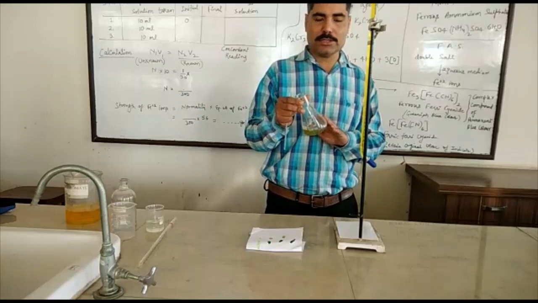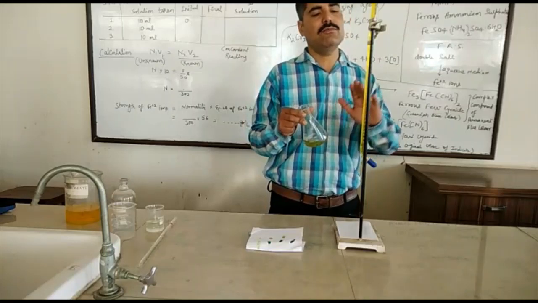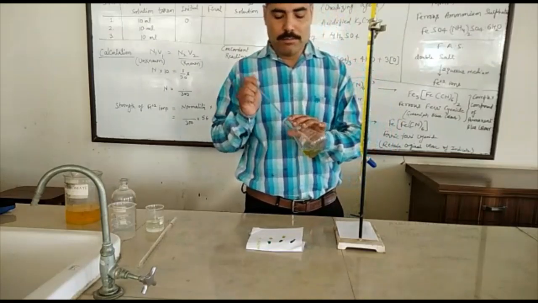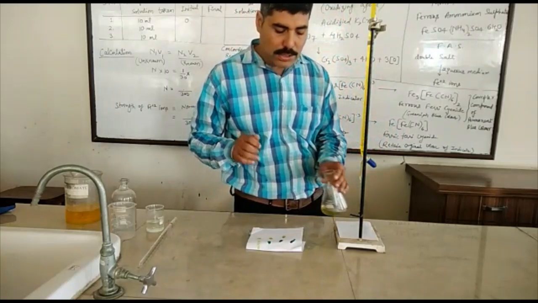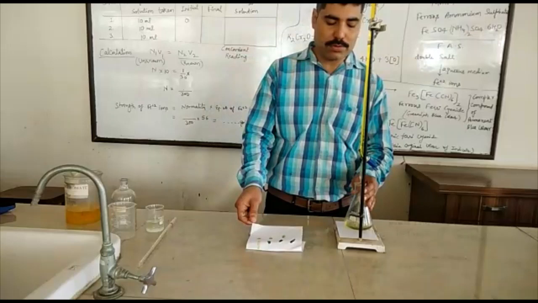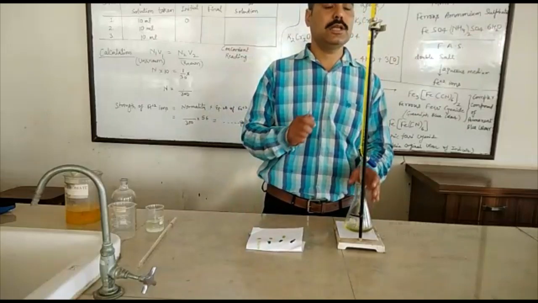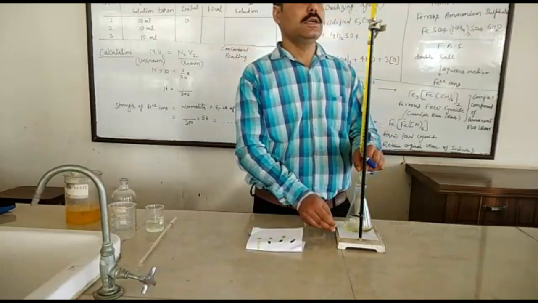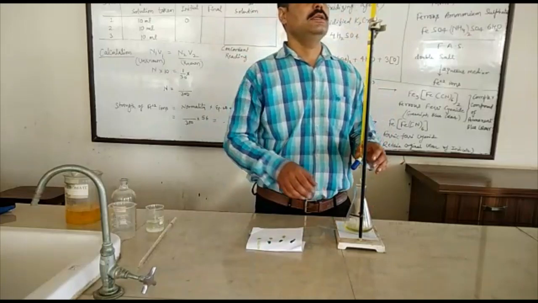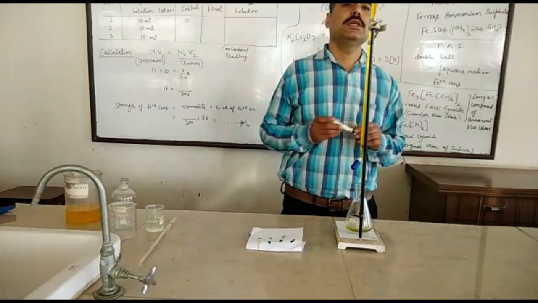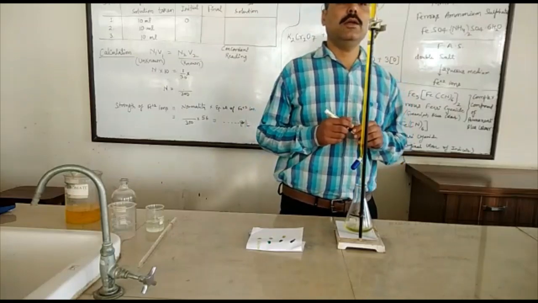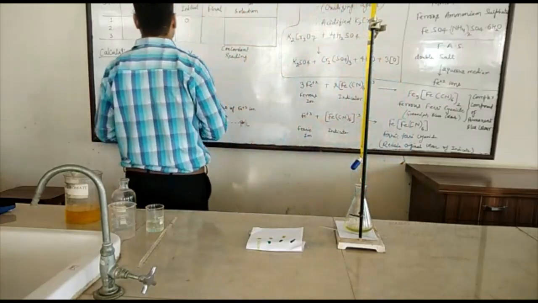We added acid just to make it acidified, and we are adding potassium dichromate from the burette. See, in this, no change in color is observed. It means that is our end point of the titration, and we have to take the reading from the burette, that is 8.5 ml in this case.